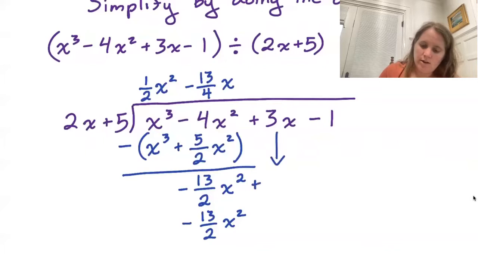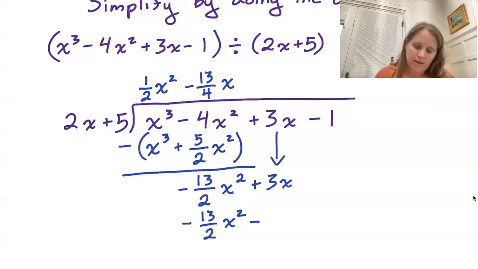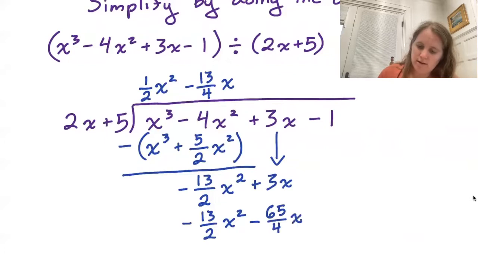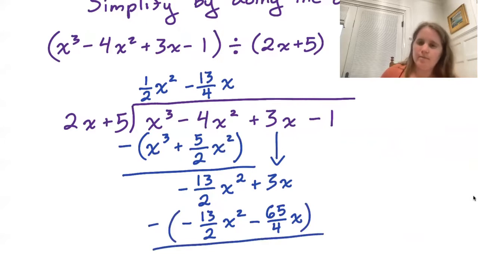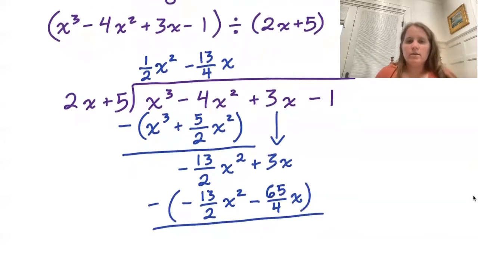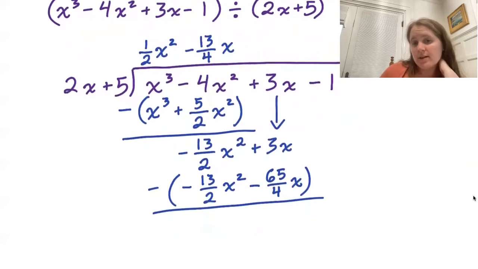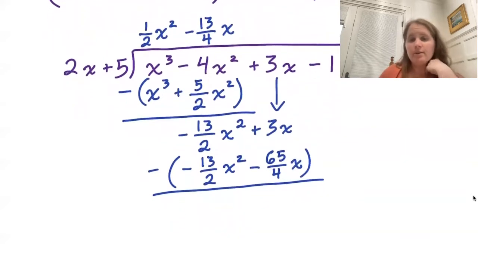We would have had a plus 3x to consider. Well, now we have a minus 13 times 5 is 65/4 x. And then we are going to subtract. So we are looking at 12/4 x plus 65/4 x.